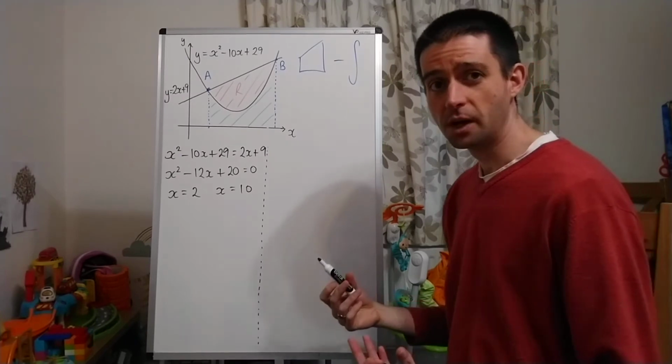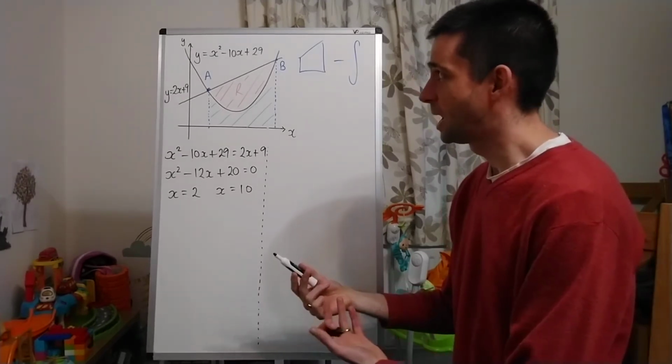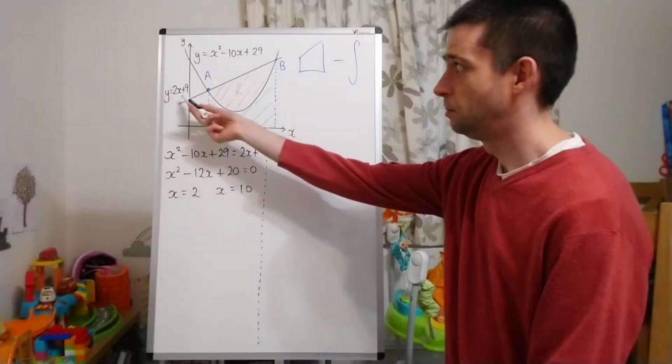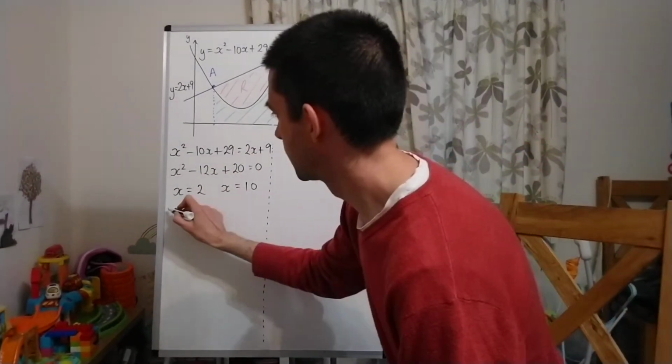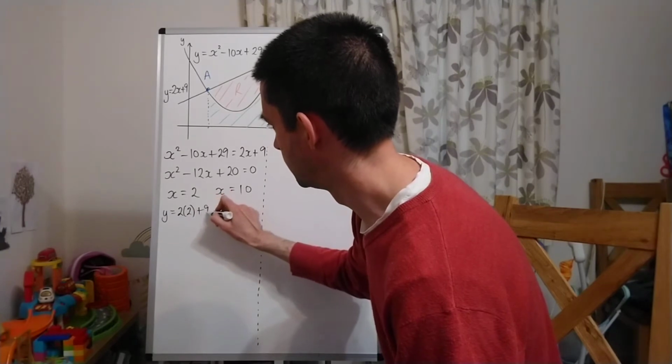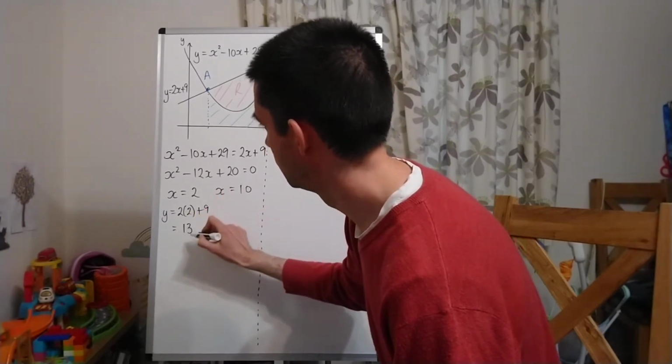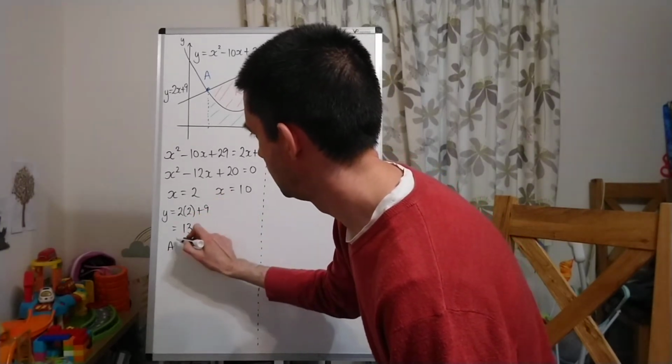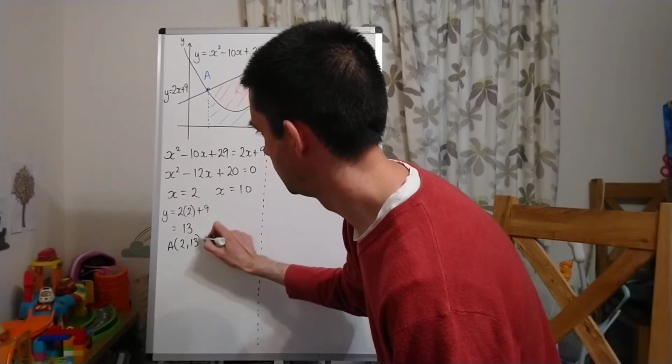Now I am going to need the y coordinates here, so substitute back into one of the two equations, pick the one that's more straightforward. So here we have y equals 2 lots of 2 plus 9, which is 13. So the point A is 2, 13.